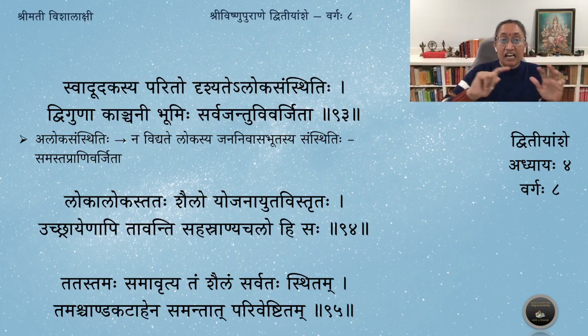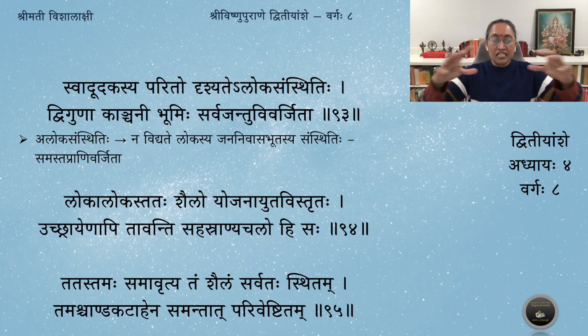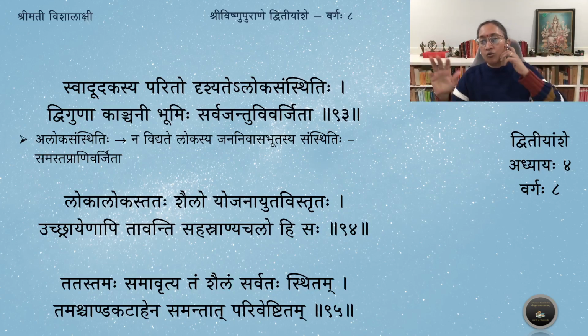After that, sarvajantu vivarjita dviguna kanchani bhumih vartate. Beyond that aloka samsthiti, there is a kanchani bhumi, a suvarna bhumi, a golden region, which is twice the size of this Swadudakam. There are no pranis there at all, no living beings at all in that Suvarna Bhumi.